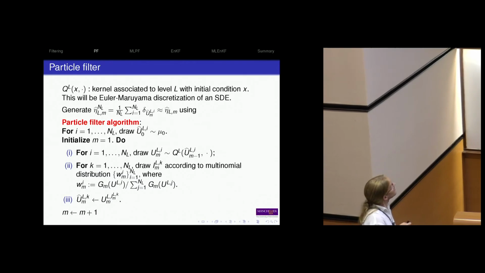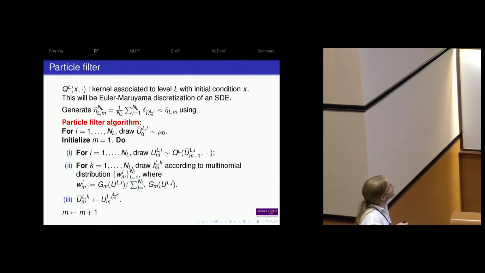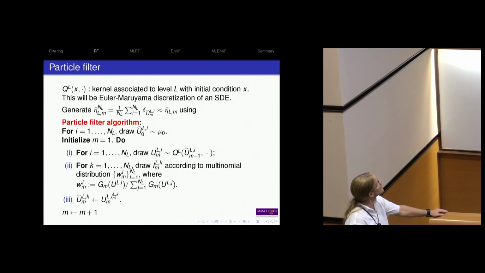Suppose we discretize at level L with this Markov kernel Q_L, then the kernel associated to level L with initial condition x will be the Euler-Maruyama discretization of an SDE with some discretization parameter, some time step size h_L.